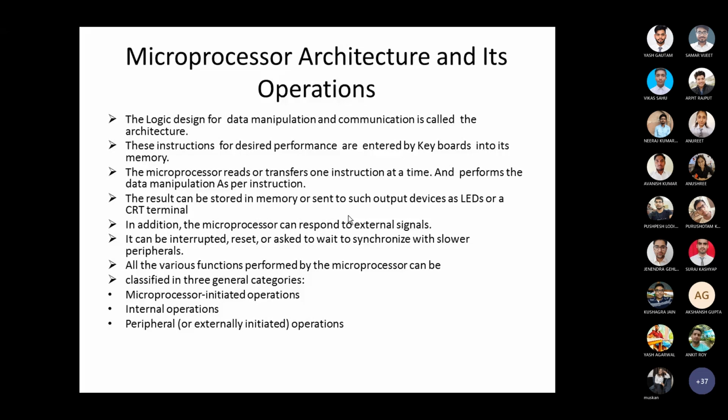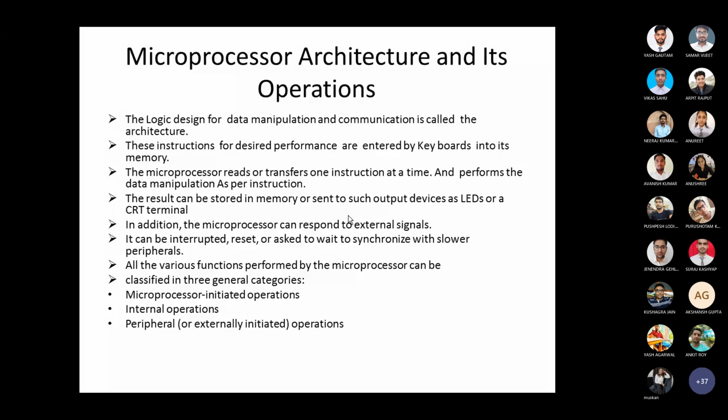In this logic design and this whole structure of the microprocessor, various instructions are there for desired performance, which are entered using a keyboard into the memory, and the microprocessor reads and transfers one instruction at a time and performs the data manipulation as per the instruction. The result can be stored or sent to output devices such as LED and CRT terminals.